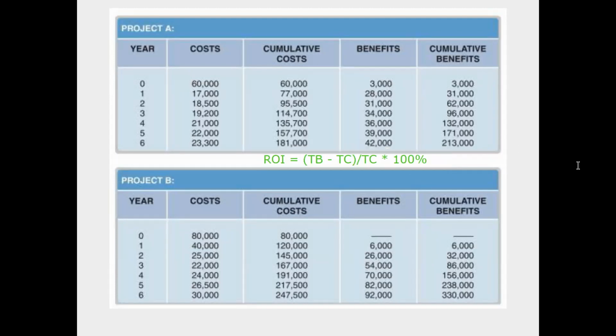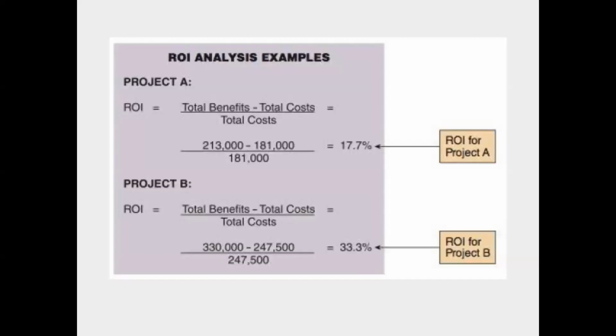So using this equation, can you tell me what is the ROI for project A and what was the ROI for project B? To find the ROI, we have to get the cumulative benefits, that is 213,000, subtract the costs 181,000, divide by 181,000 and multiply by 100, you will get 17.7.